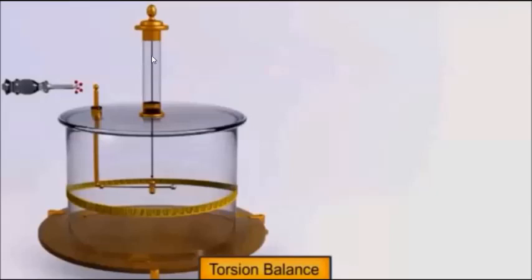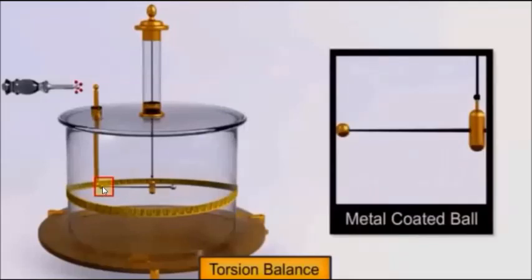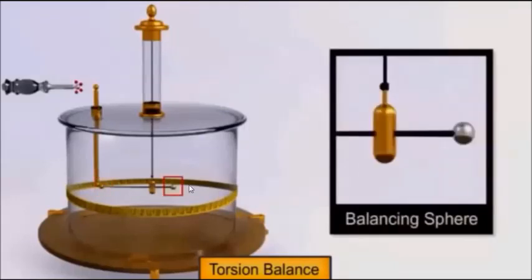A torsion fiber is suspended from this torsion head and holds a horizontal needle, and this horizontal needle is attached to a metal coated ball at one end and another balancing sphere at the other end. And also a circular scale is attached to the cylindrical case, from which we can note down the readings.